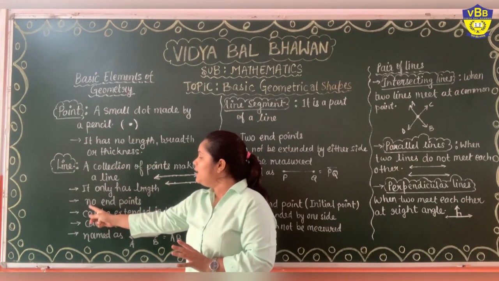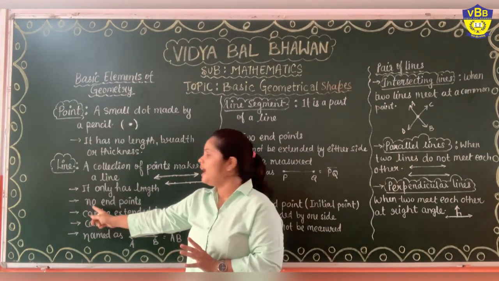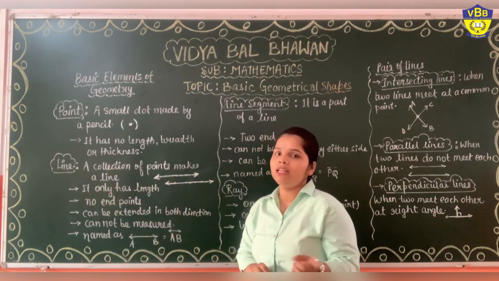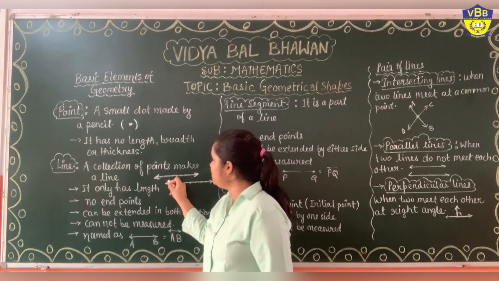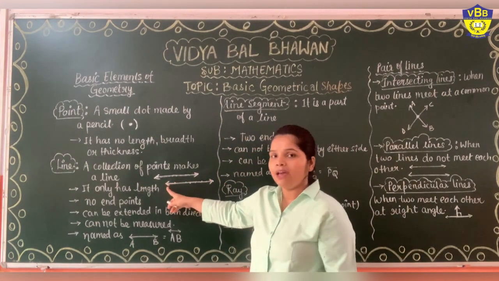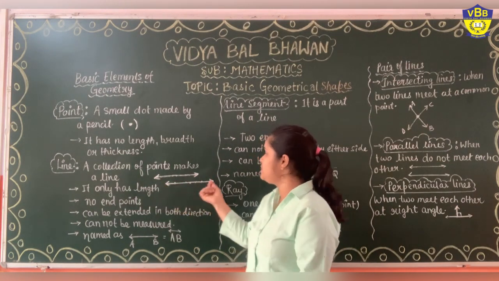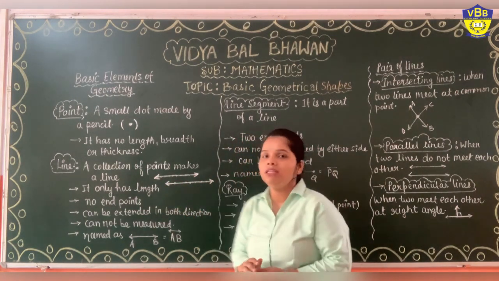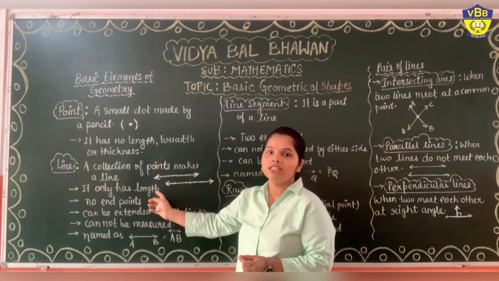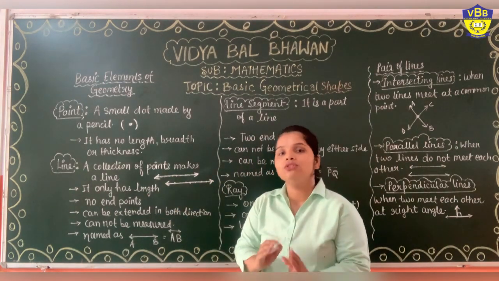After that, a line does not have any endpoint. You can see we have represented this line by arrows on both sides. These arrows mean that it can be extended from both sides as much as you want.